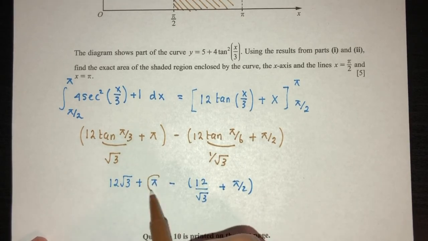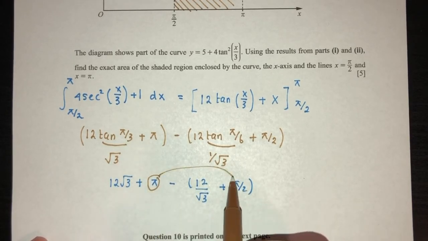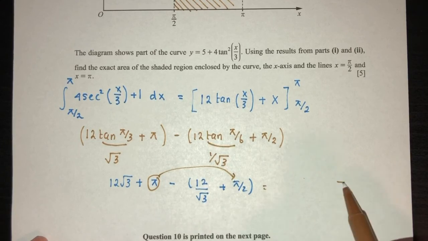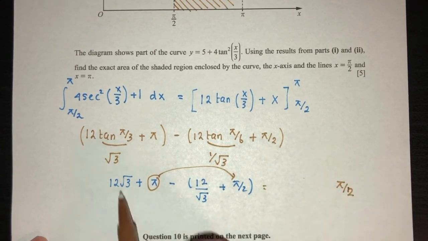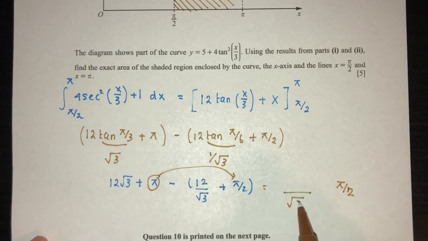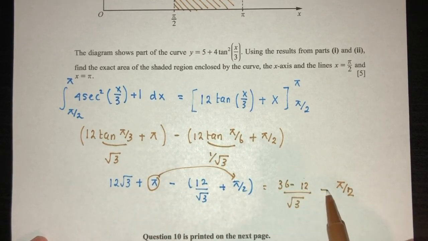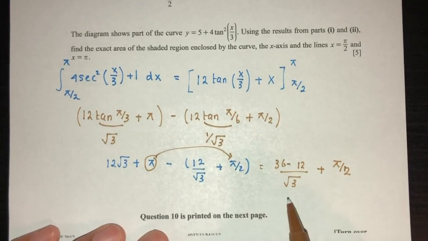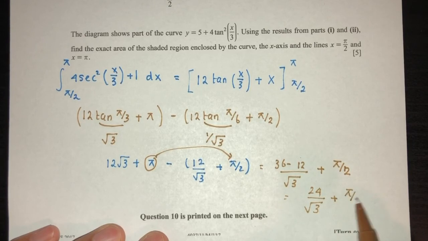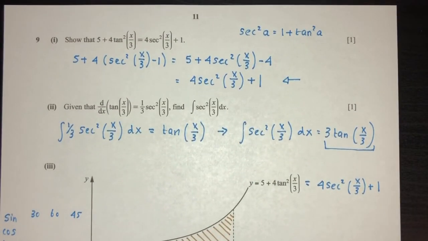We can take this minus this, which will give you pi over 2, and this minus this, if you make it the same base, you will have 12 here, and here you will have 36. So this will become plus because positive. So your answer will be 24 over root 3 plus pi over 2. And this is your answer for question number 9.